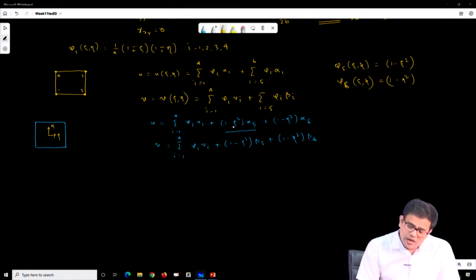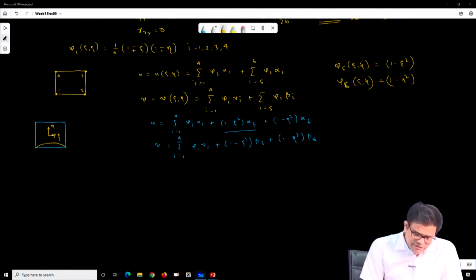If xi equals 0, it will be some value, that is alpha 5, and if xi equals plus or minus 1, then it will be 0. So xi varies along this line, something like this. Similarly, this line is the xi variation. Naturally here also we will have this, but eta is different, so this is independent of eta.